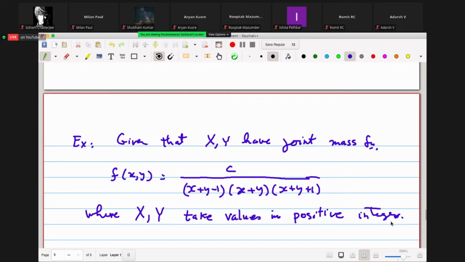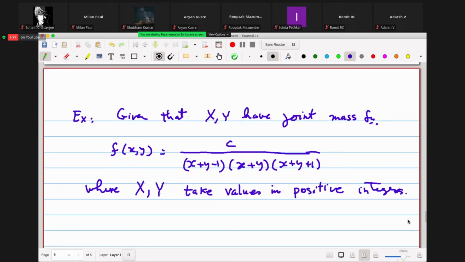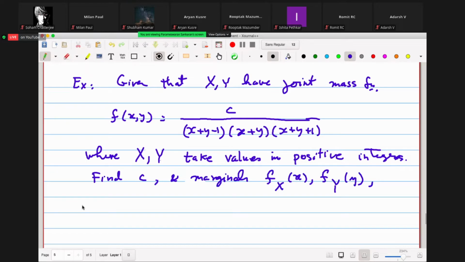Find c, and the marginals fx of x, fy of y, and expectations.